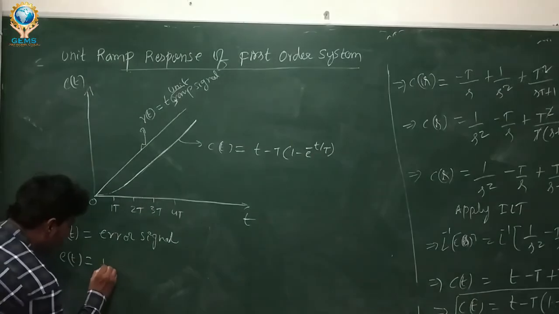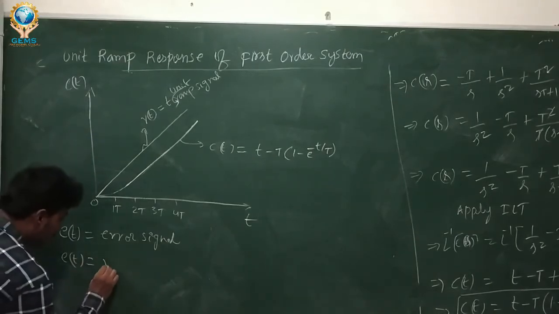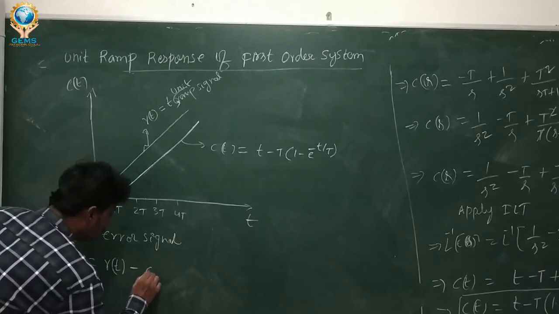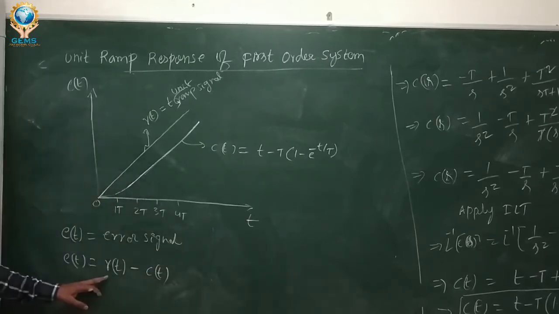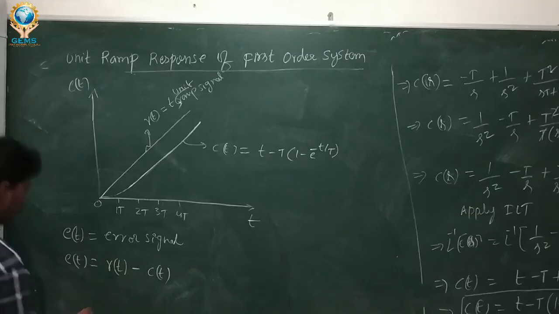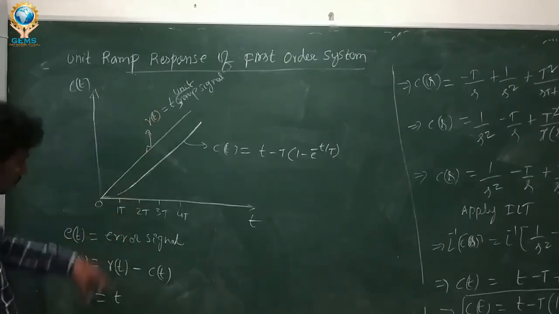What is the input? Input means here R of t, output means c of t. R of t is equal to t.